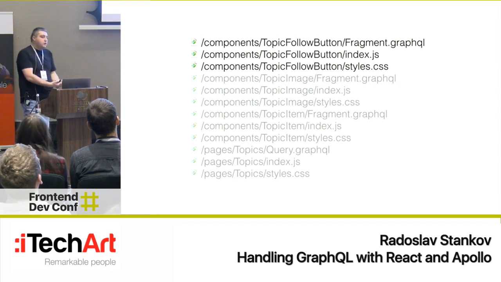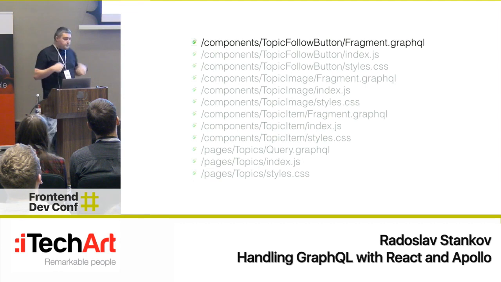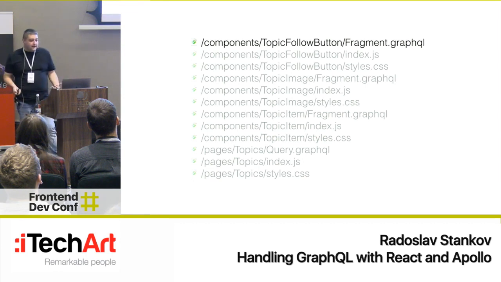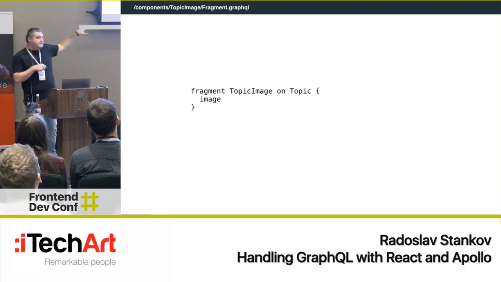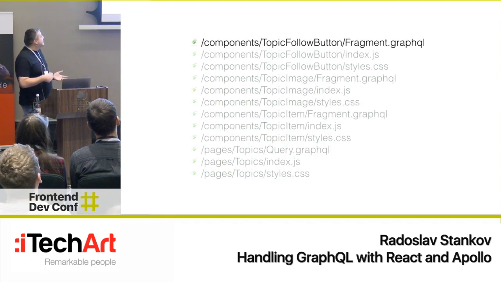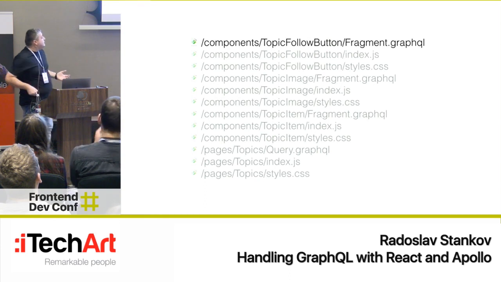If you have some subcomponents, they go there. And we have these GraphQL fragment files, those ones. The fragment file is just the GraphQL query we already saw, but it's in the folder where the button is.